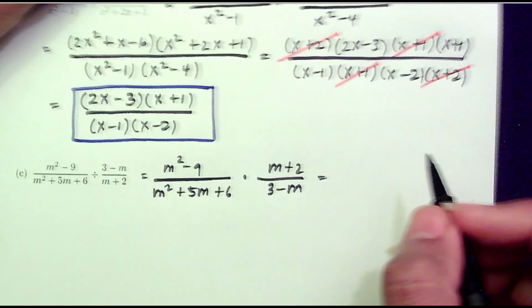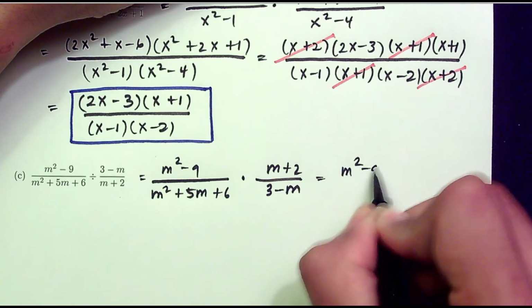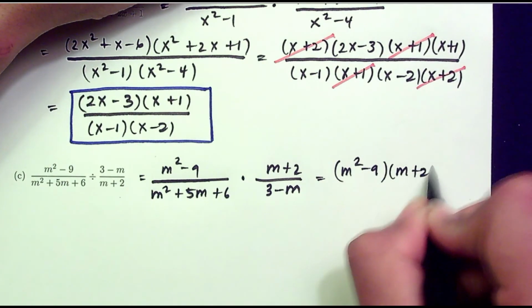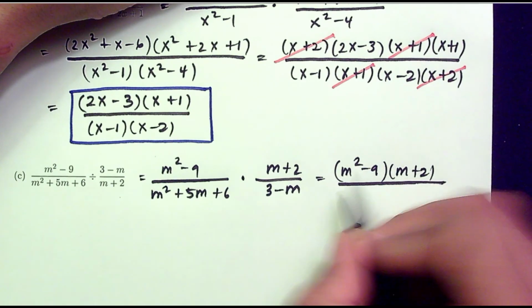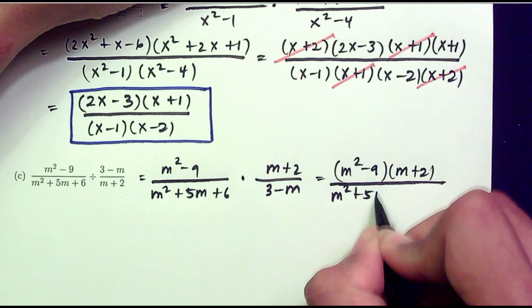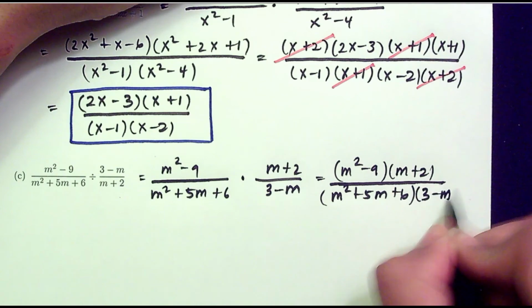Okay, then we can multiply across and write it all in a single big fraction. So m squared minus 9 times m plus 2, all that over m squared plus 5m plus 6 times 3 minus m.